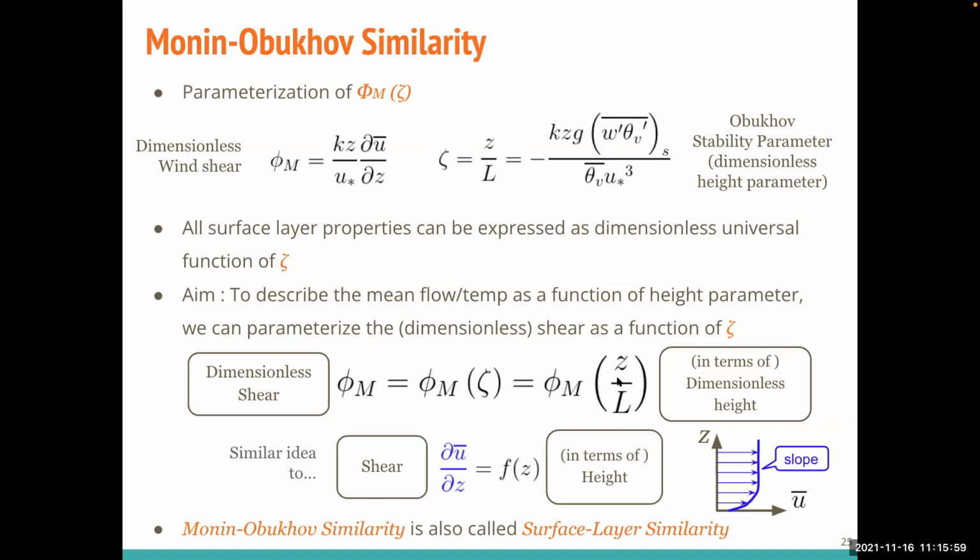Okay, so if we have this universal profile, then we can apply this to different models, different measurement situations that you have. So it's a very similar idea of expressing your shear in terms of height. Okay, but you have dimension.